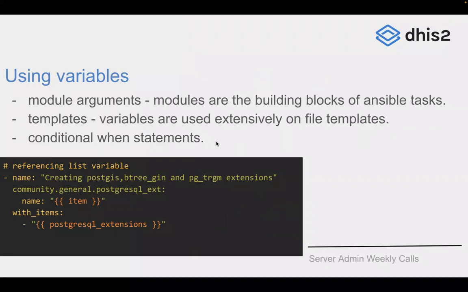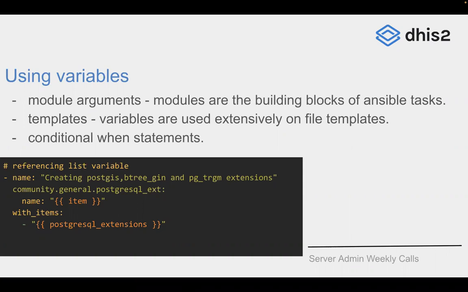And I can give you an example of when you will use this conditional. For instance, in the very coming days, we'll have DHIS2 version 2.41, and 2.41 or 2.40 has support for Tomcat or for Java 17.